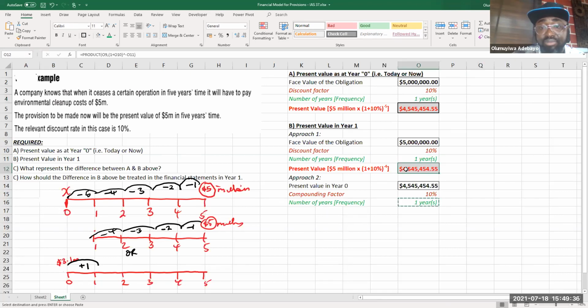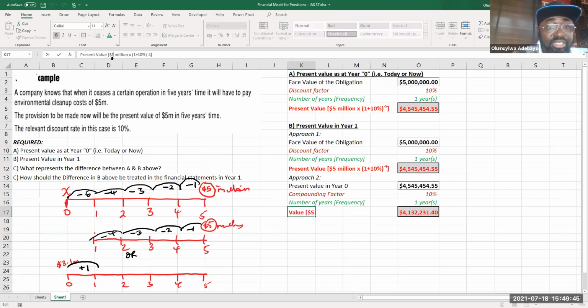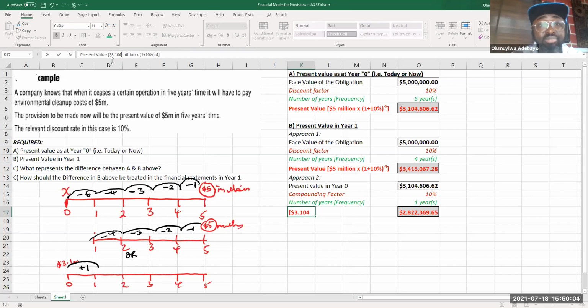Okay, and therefore, I'll compound. My present value now for this year 1 will be the 3.1 million, 3,104 million compounded by 1 year.